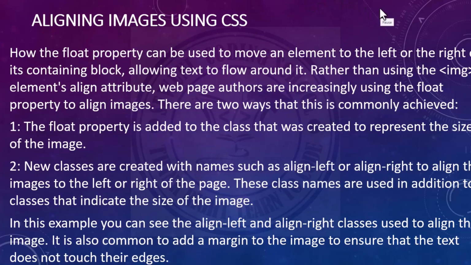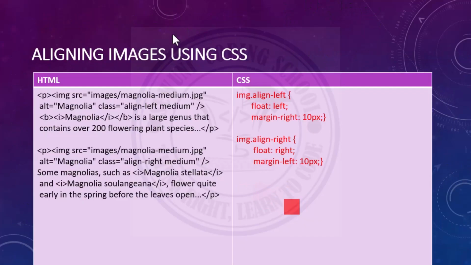Let's go to our text editor. Now before going to the text editor, look at this particular example which we are going to check in our text editor. On the left is HTML, on our right is CSS. So this is the first image, and it has some text around it, so there's a paragraph. This image will float either to the left or to the right, and the class name here is align left, while the second image has a class name of align right.